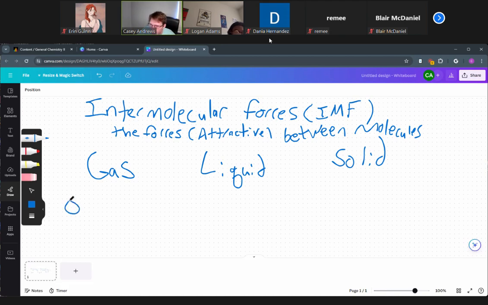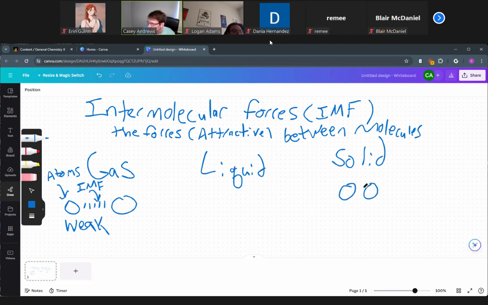So for a gas, and these are atoms, I'm going to put these little dashes. These dashes are to represent the IMF, the interaction, the forces between gas atoms or molecules. Gases have very weak intermolecular forces. The interaction between atoms in a gas is very, very weak.